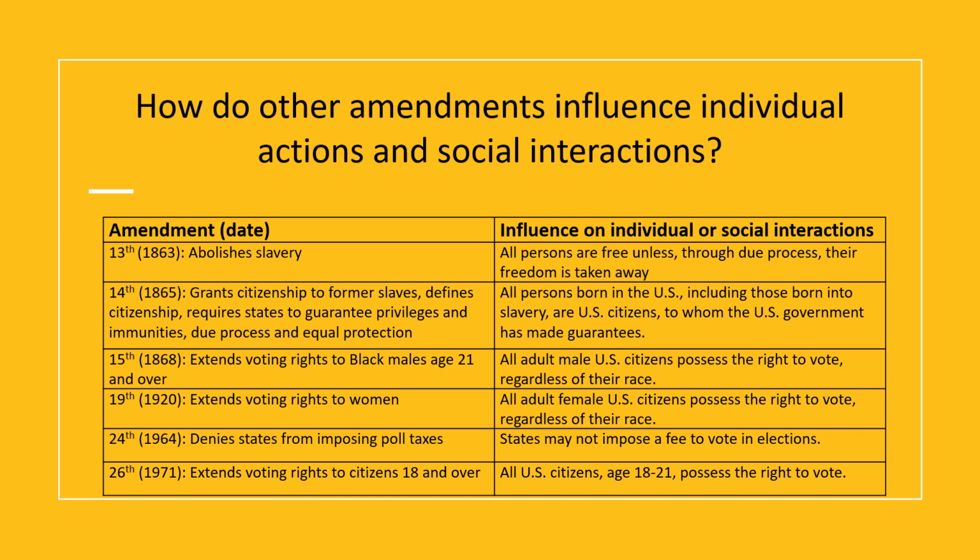So now let's look at the first two amendments in this information graphic on the left side. The 13th Amendment abolished slavery. So after the Civil War, the Congress took action, took steps to ensure that the system of slavery that had been in place during and before the Civil War could not repeat itself.